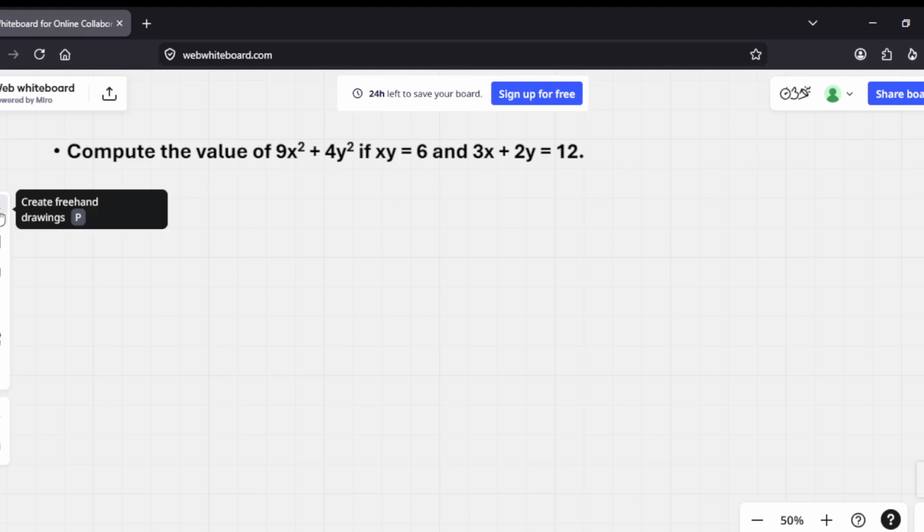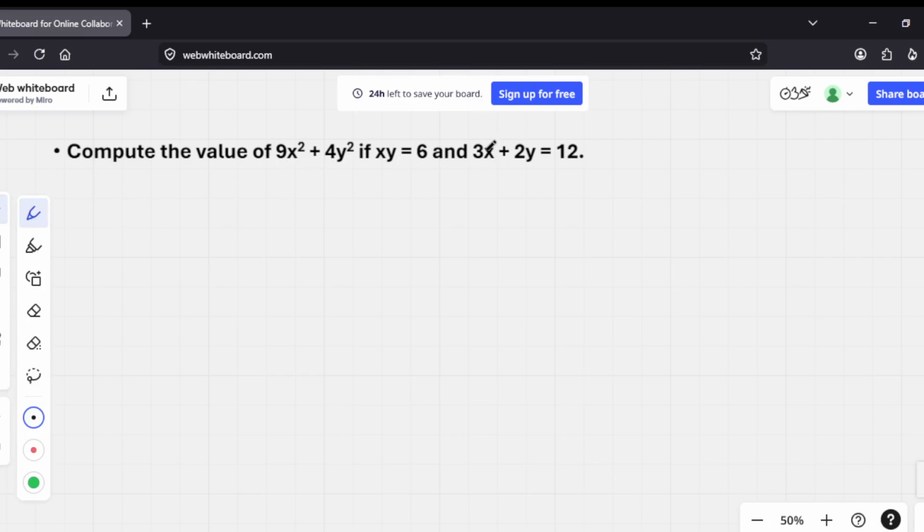So the easy way to start with is to take the given condition 3x plus 2y equal to 12, and we are going to square it on both sides.